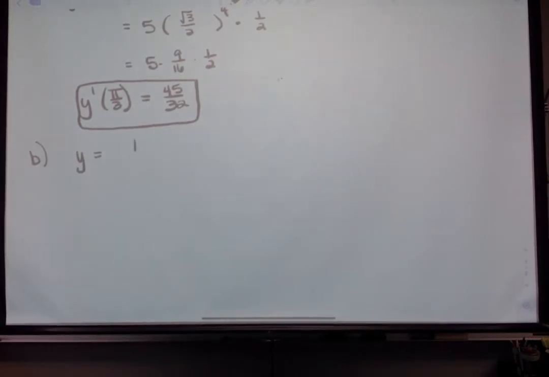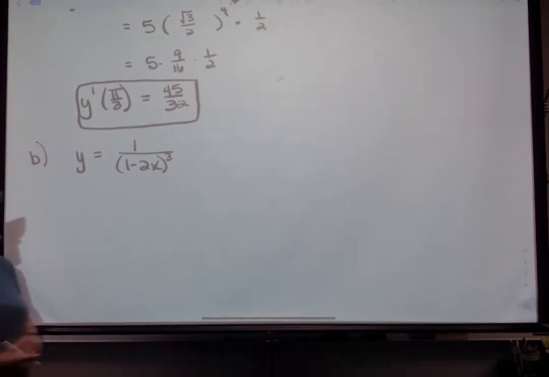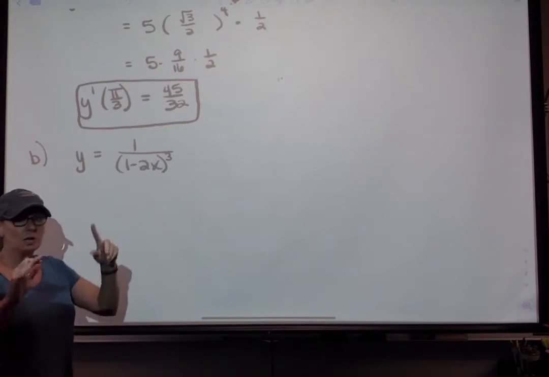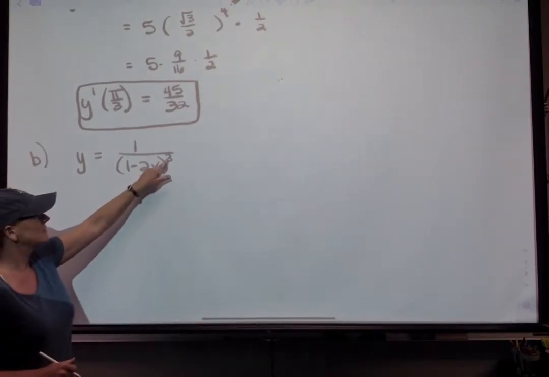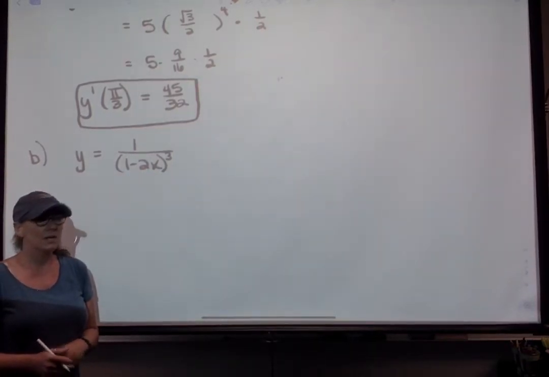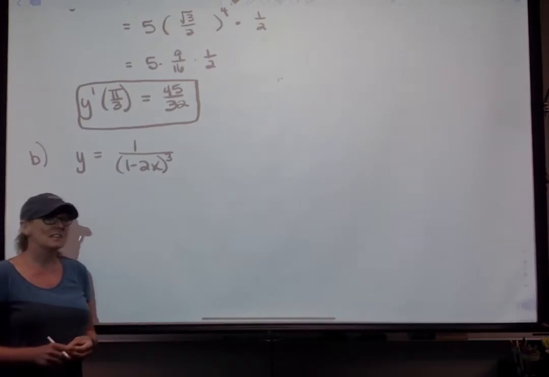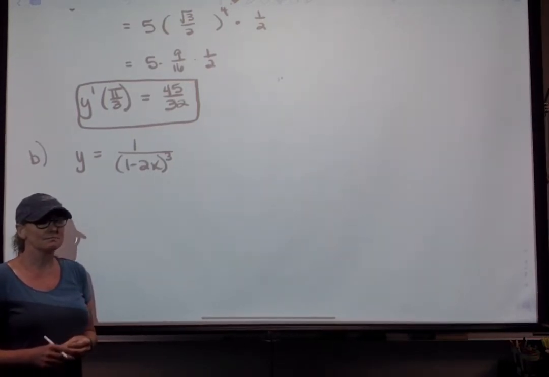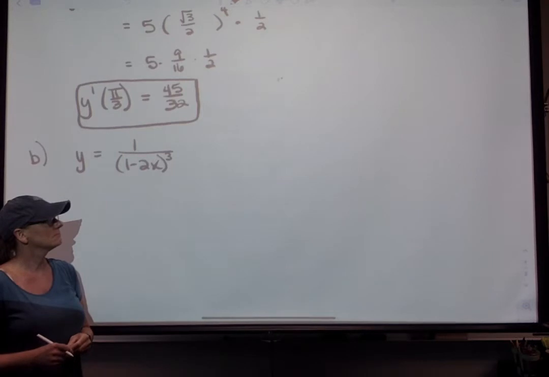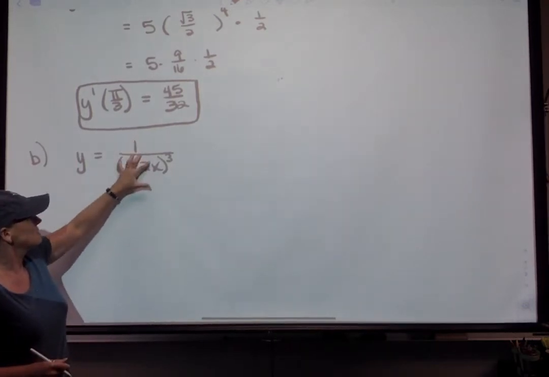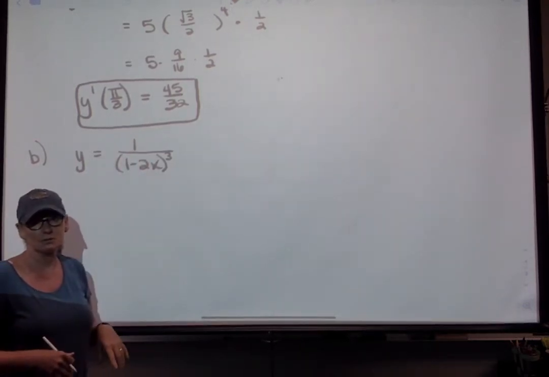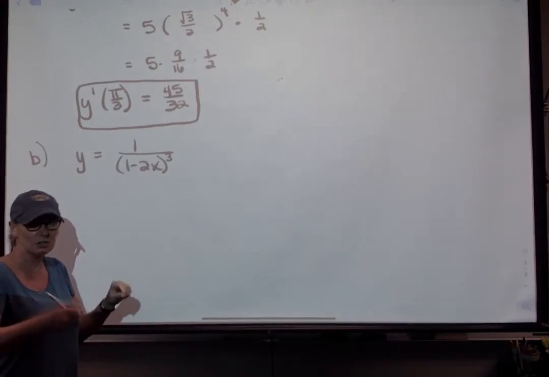Okay, this is the way it looks. Hopefully you recognize this is messy raised to the 3rd power. Hopefully you also recognize that you have a quotient. You could totally do quotient rule. Sing your song, start in the denominator.